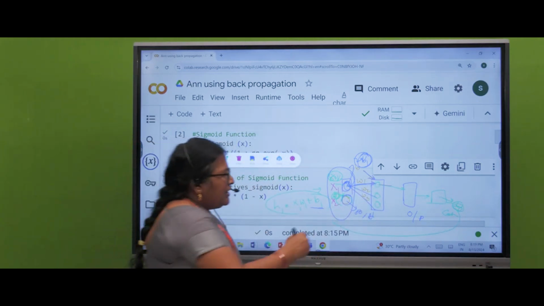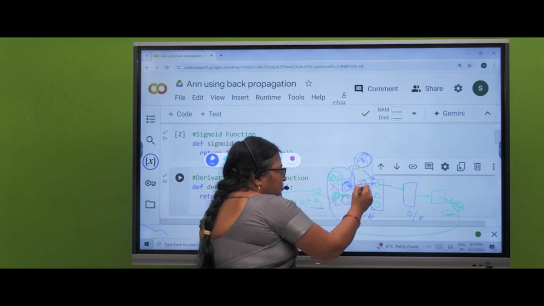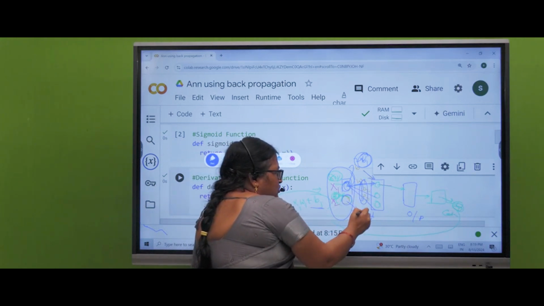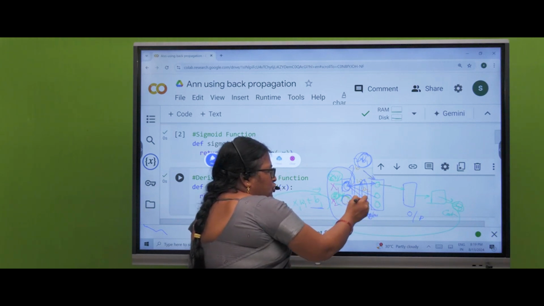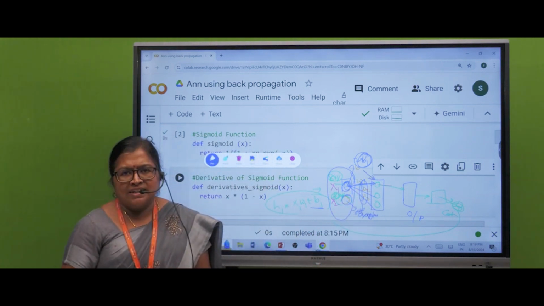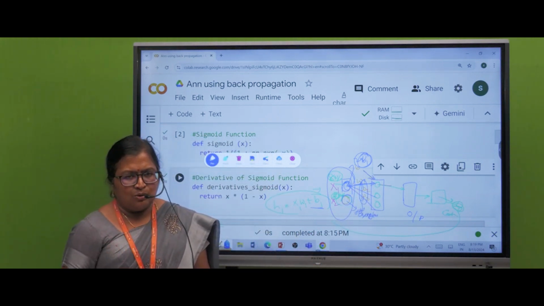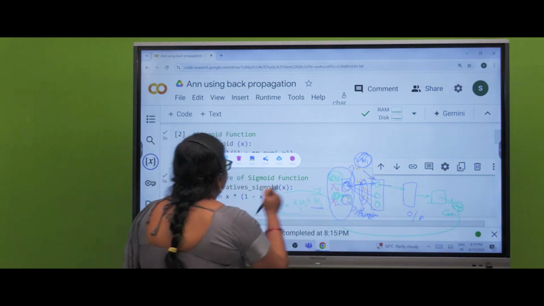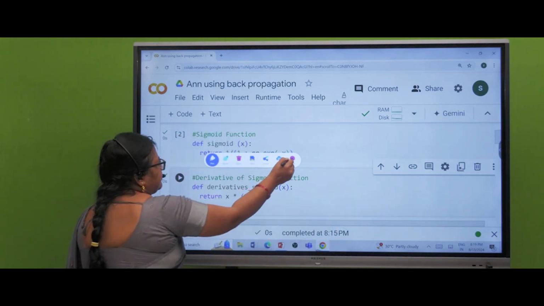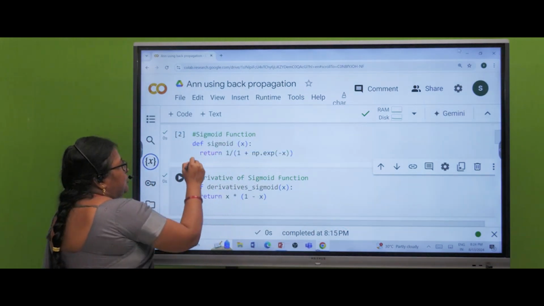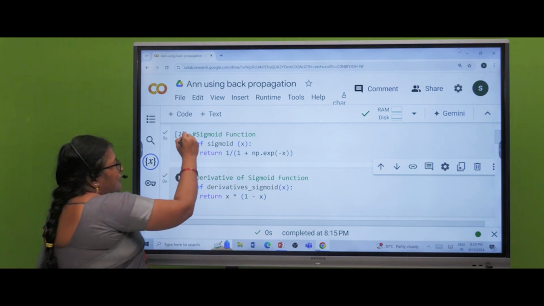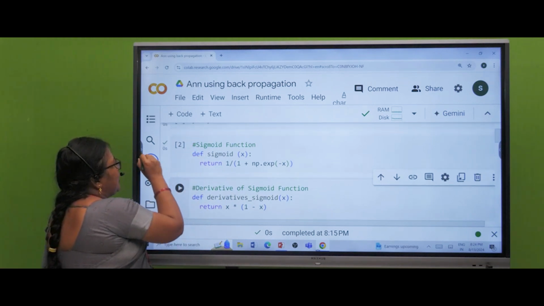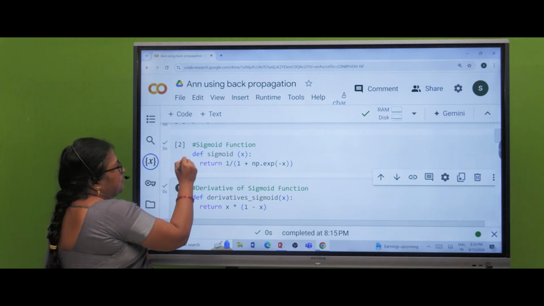While doing this, we are giving an activation function in between. This activation function will tell which node should be activated and what weightage should be given to each node. In our algorithm, I am using sigmoid after the input layer as my activation function.